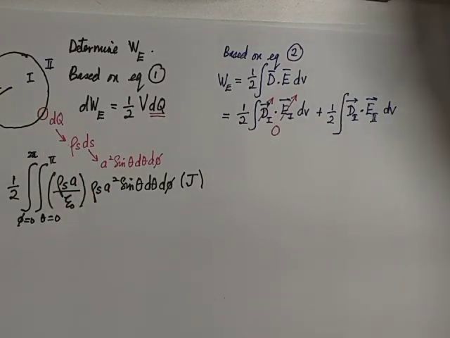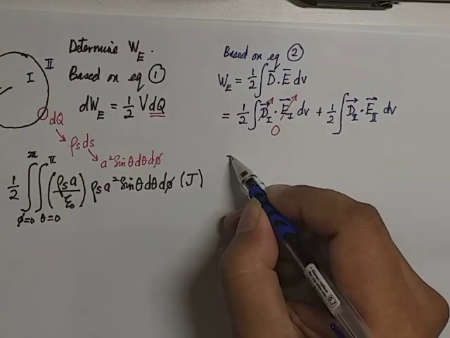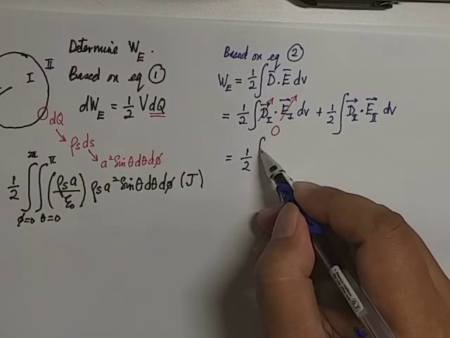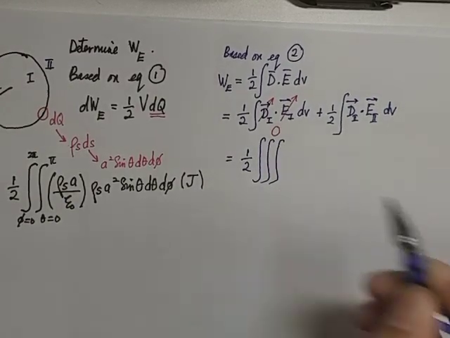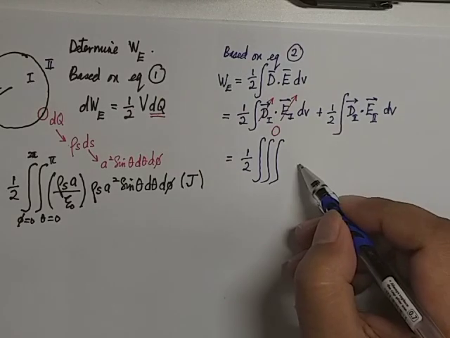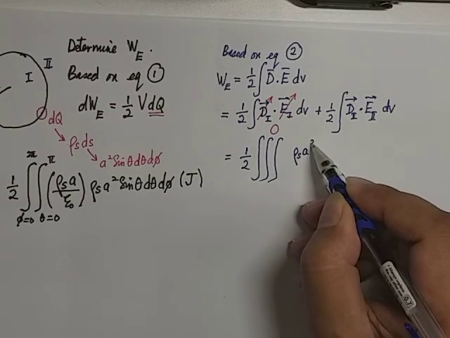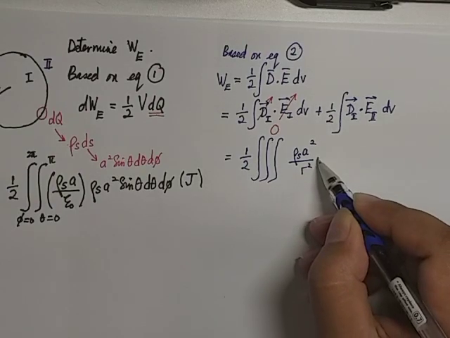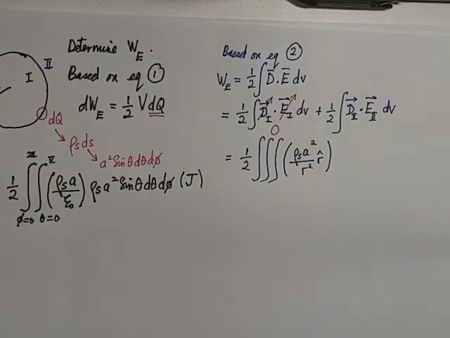Okay, let's substitute that. It should be half, triple integration now because it's a volume. What should be the equation for D here? We know that should be rho S A squared over R squared in the R direction, correct? That should be our D term.